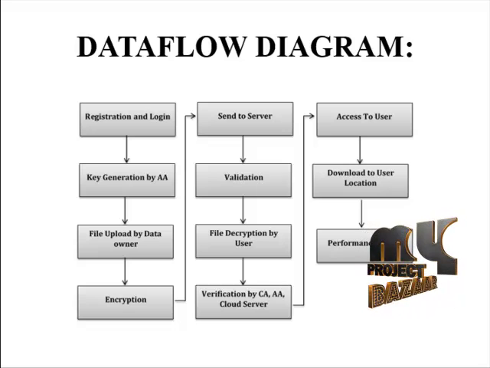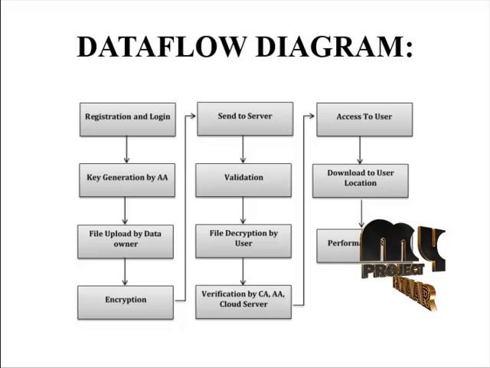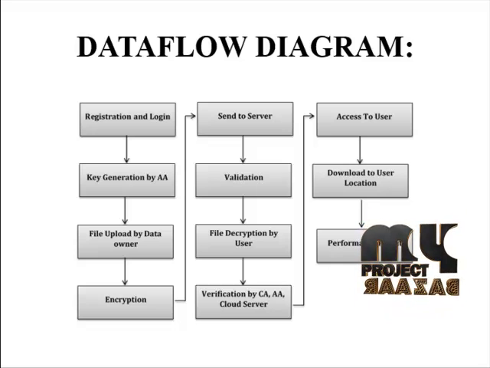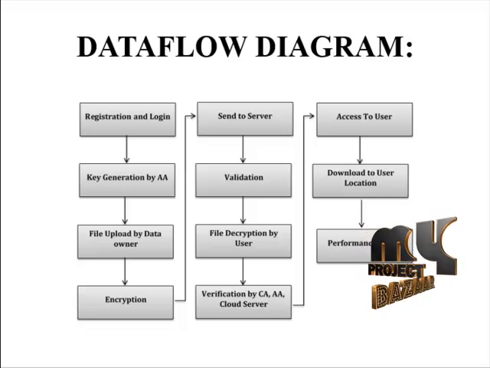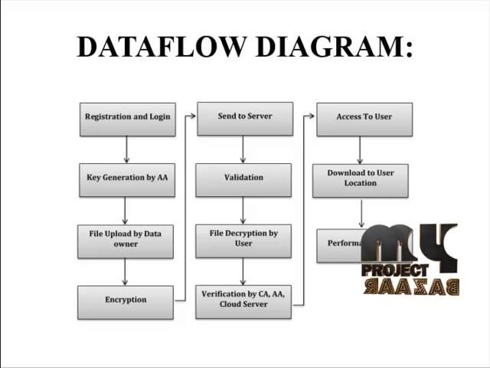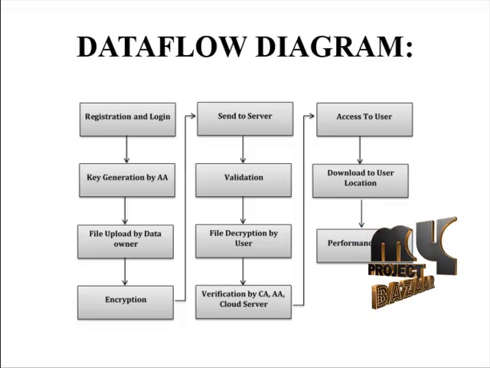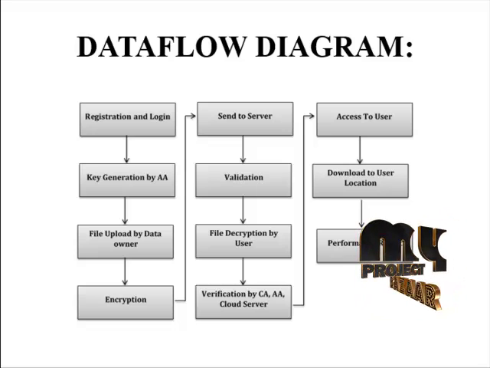Here they verify the user's information through multiple authorities: the CA, certificate authority, the attribute authority, and then the cloud server. These are all responsible for the verification of the data of the particular user. If the user is a valid user, they give access to the user, whether for accessing the files or downloading.